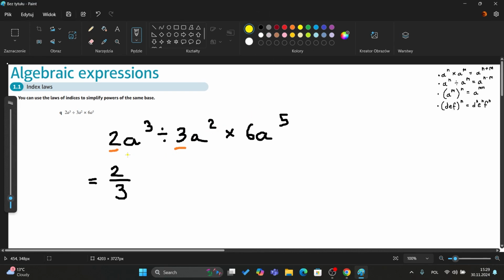And now we're dealing with a cubed divided by a squared, which is 3 minus 2, so a to the power 1. But we can just write a. And now we multiply this by 6a to the power 5.